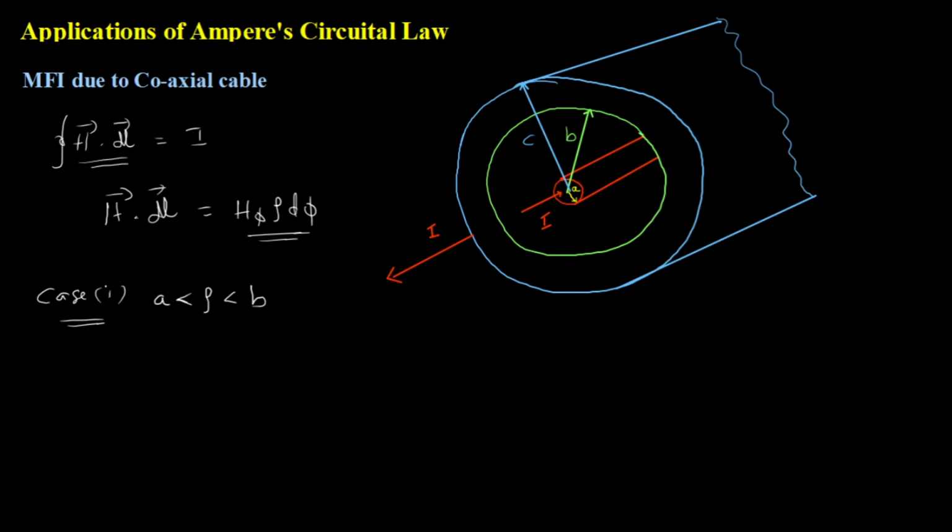So we already know the expression for magnetic field intensity, right? Magnetic field intensity due to an infinite current carrying conductor. So I will directly write the expression for H vector, that is nothing but I divided by 2 pi rho a phi cap, and the unit is ampere per meter.